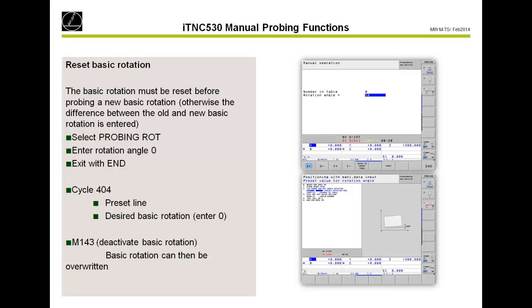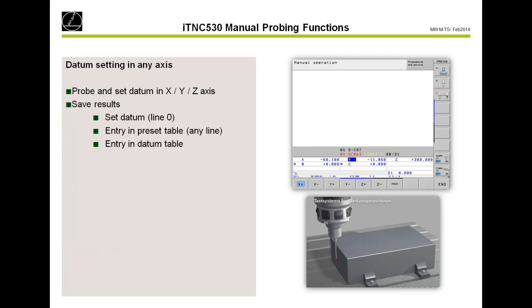To reset the basic rotation, you just enter manual operation and type in 0 and end of block, then it's reset again, or you can use the cycle 404 or the M function 143. The next step is then to set the datum in any axis that we will make later at the machine.